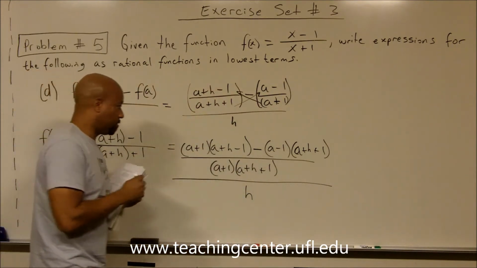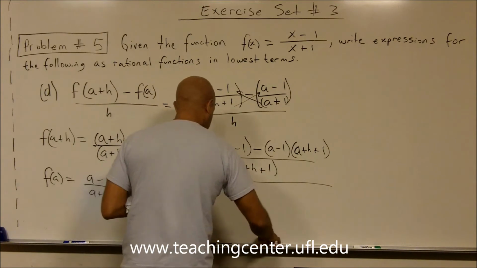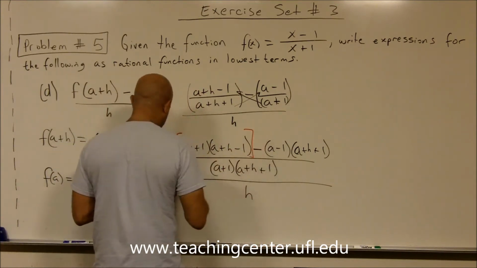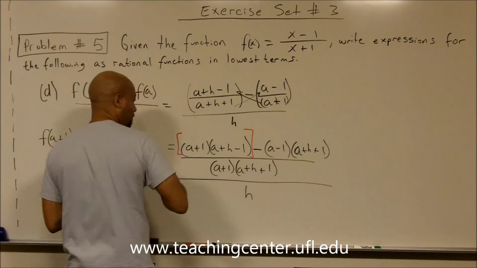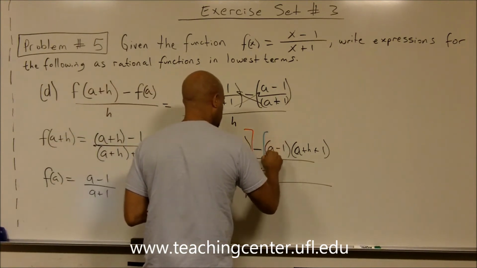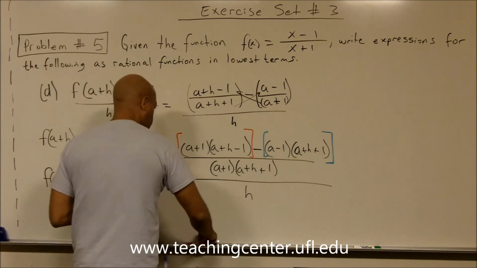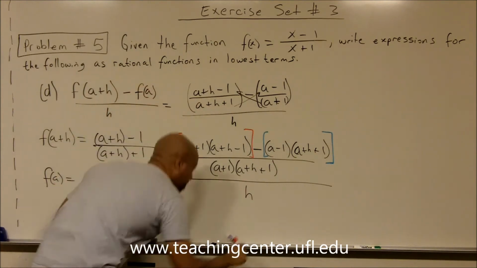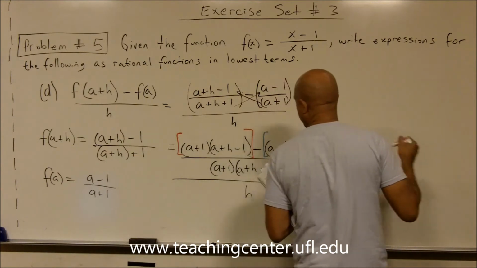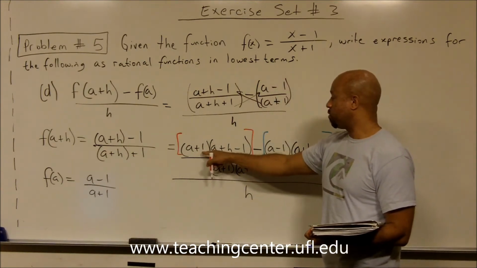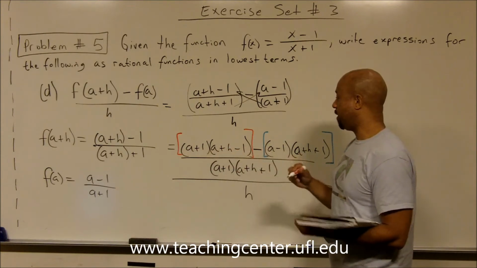Okay? And so if we call this the red term and this the blue term, we can simplify the red term by expanding out first. So we'll multiply this quantity, a plus 1, times this quantity.